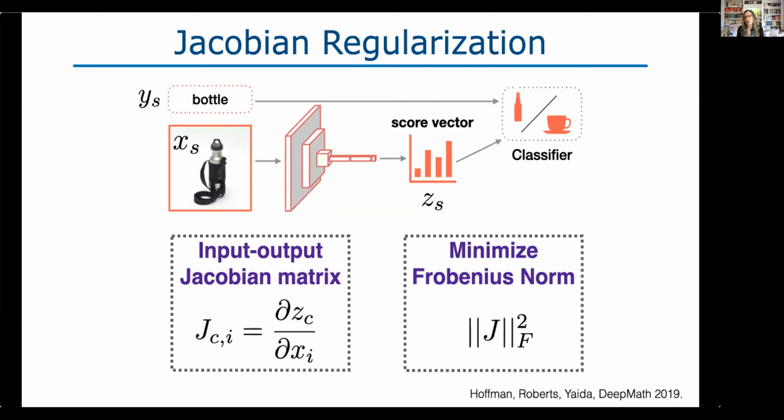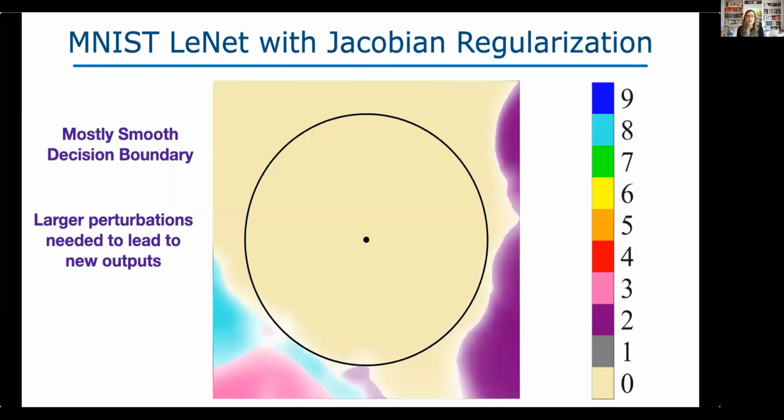This is learned together with the cross-entropy loss in order to minimize this Frobenius norm, which is going to, again, minimize the amount that the output can change in response to an input change. And once we do that, we're able to achieve a much larger boundary around a particular training data point.